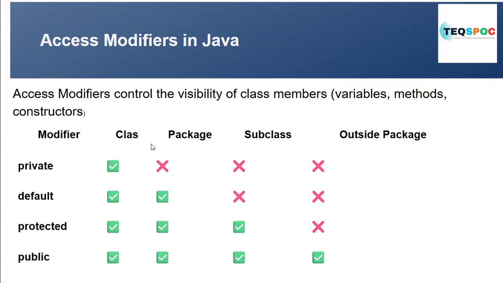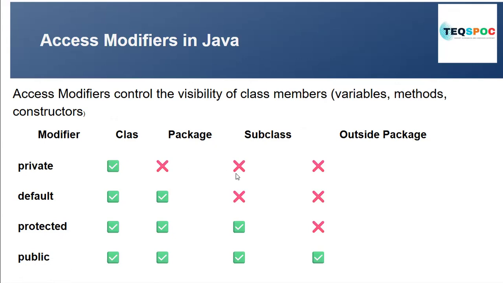These are the modifiers: private, default, protected, public, and the scopes are class, package, subclass, and outside the class. If we make a variable or method private, then it can be accessed in the same class and cannot be accessed in the subclass or other package.